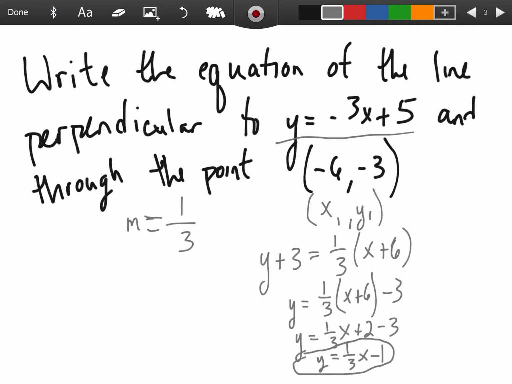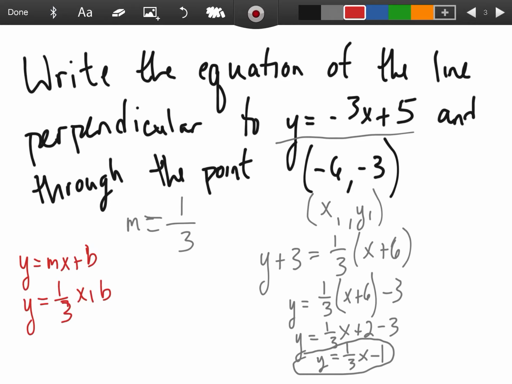Another way that we could have gotten to that same exact answer is starting in slope-intercept form, I know that we have y equals mx plus b. My goal is just to solve for what b is, right? I already know what m is. So y equals 1/3 x plus b.